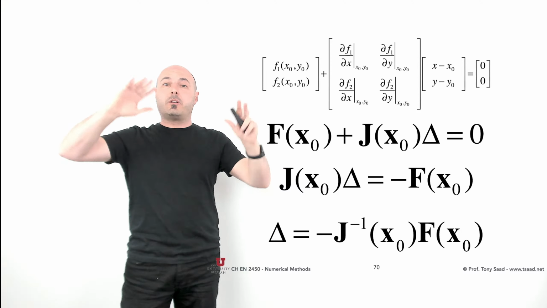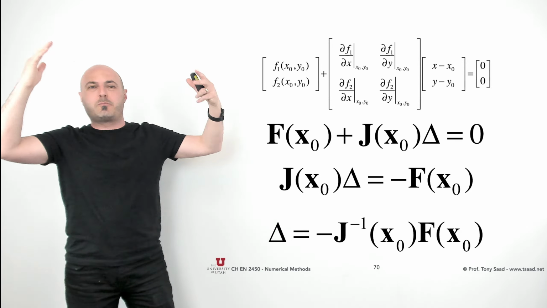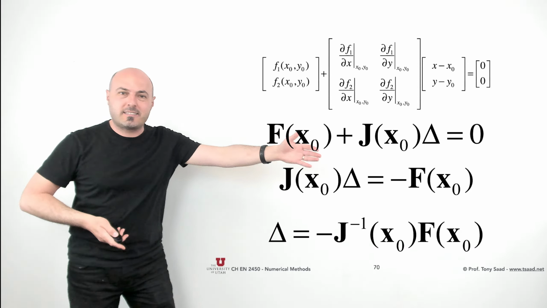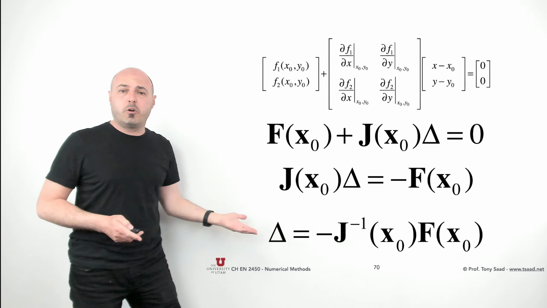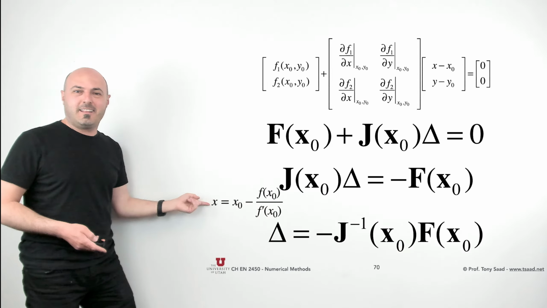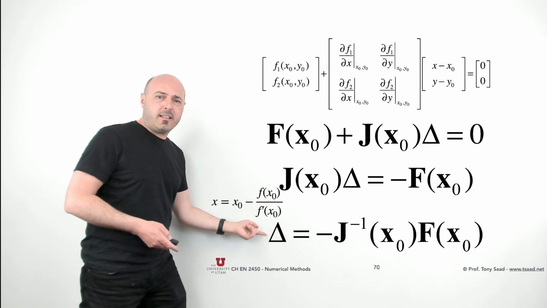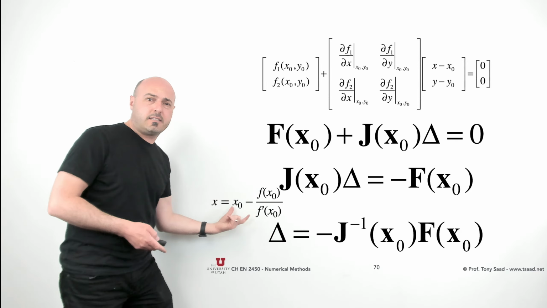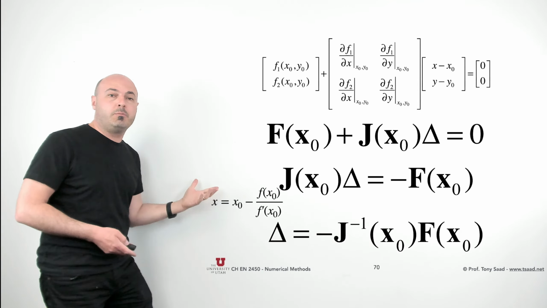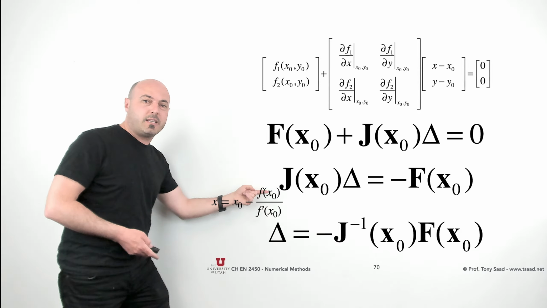And that's understandable because in multi-dimensions, you need to figure out what plane or what curve, what multi-dimensional plane you are at to be able to get to the improved guess. Now when you write it in this form, it simplifies everything, because now this form is no different than the algebraic form for a single equation. Think of the following. Delta is the distance between x and x0. So if you were to take x0 to this side for the one-dimensional Newton's method, you get delta over here is minus 1 over f prime times f of x0.